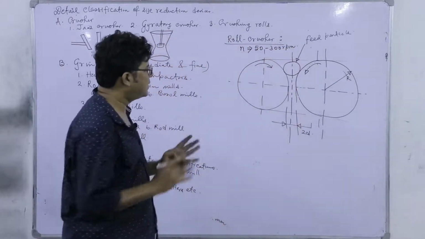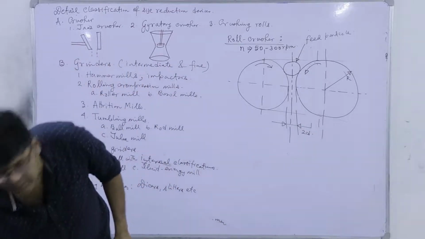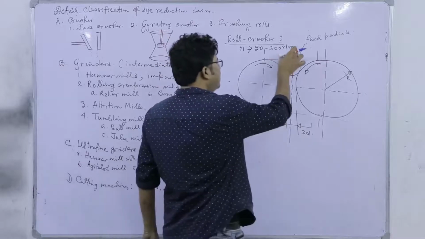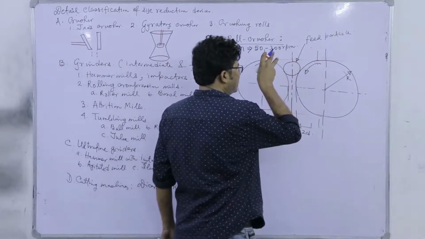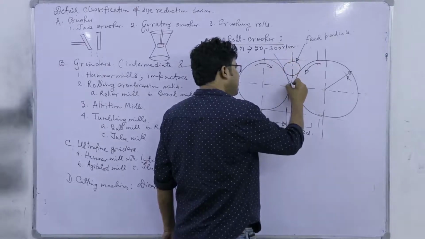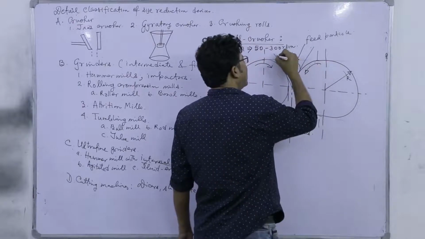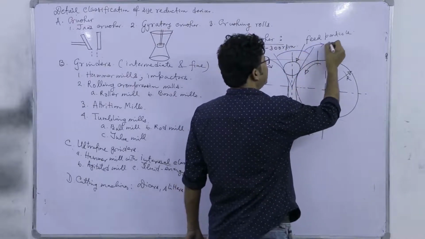Now, what is important is that there is a mathematical formalism associated. See, when this particle is gripped, then we can draw a tangent and it will meet at this point. And this angle is called the angle of nip.